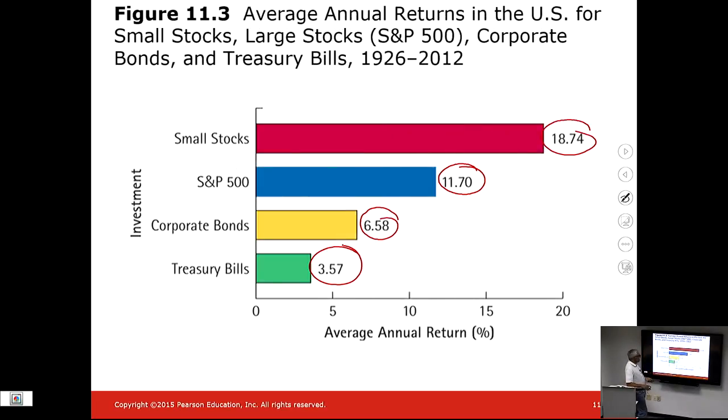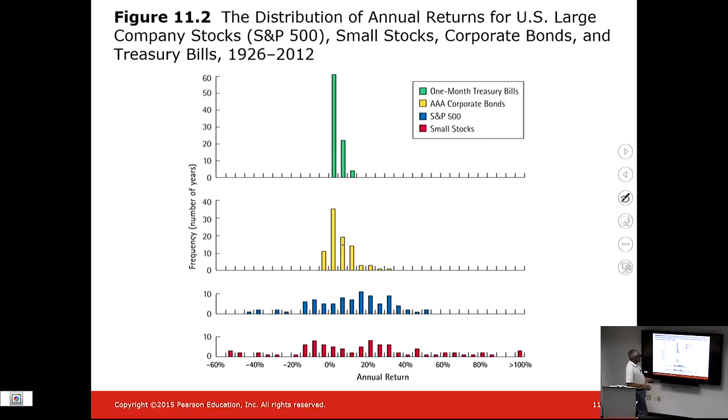But that does not tell us the whole story, because in addition to looking at year by year numbers, what we also have to look at is the dispersion of those numbers, the variability of those numbers. And here we see that the variability of the treasury bills, they're very tight.